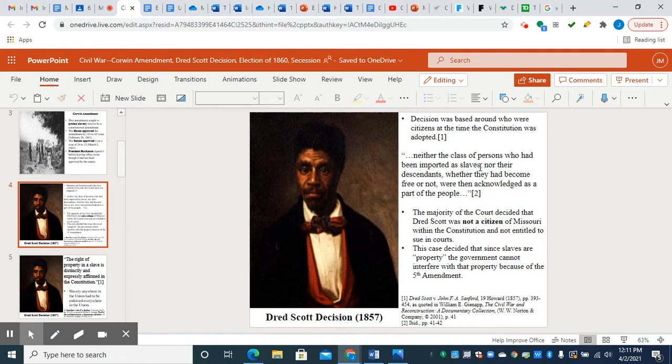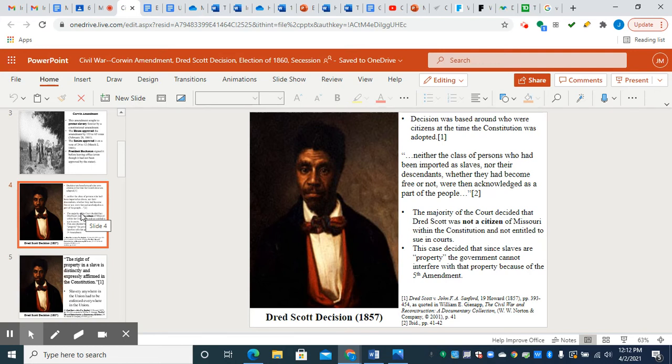So it's kind of a technicality there, defining the fact now explicitly from the Supreme Court that slaves were not citizens, and even more so that anybody who is descended from slaves that were imported from Africa were not citizens, because they looked at who was a citizen at the time the US Constitution was adopted.